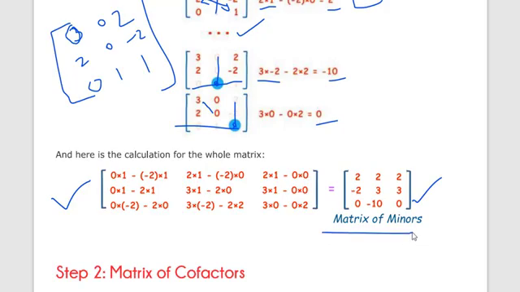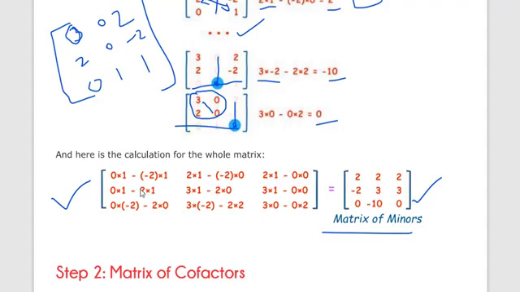In this step we only have to find the determinant of nine 2 by 2 matrices. We ignore the same row and same column, and we find the determinant of the remaining 2 by 2 matrix.